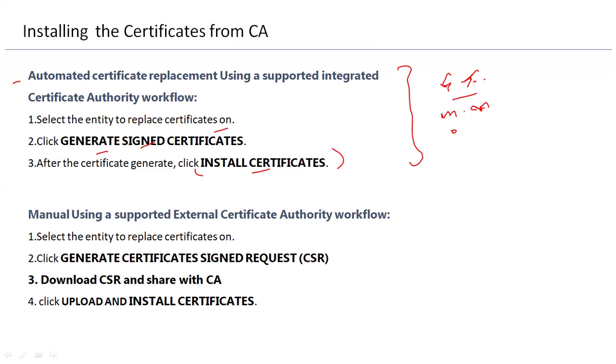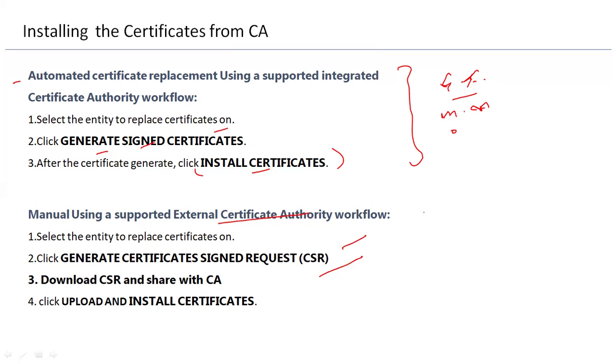Then manual using the external CA. If you are using an external CA that is not populated within your SDDC environment, what you have to do first, you have to create a CSR request, download that request locally in your system somewhere, then share that CSR request to the certificate authority. Then the certificate authority will provide the certificate. You have to download it locally somewhere in your system, then upload and install the certificate.